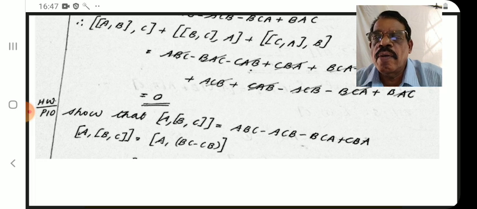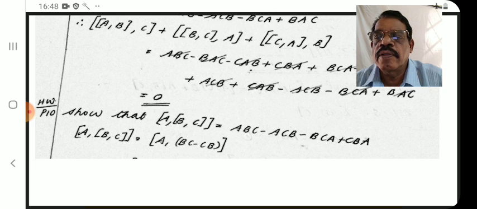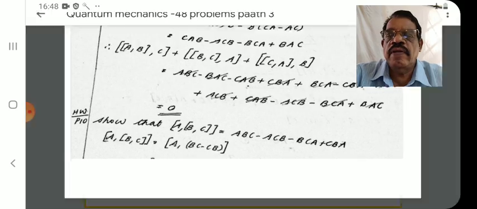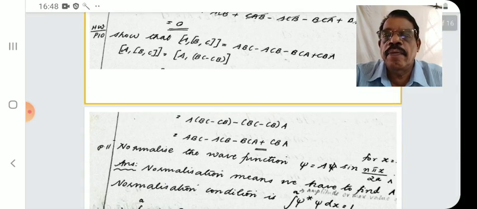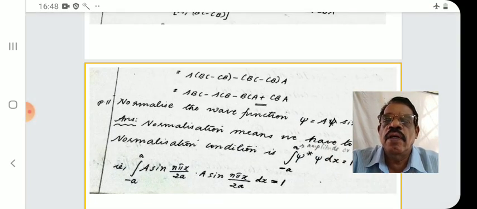Show that [A, BC] is equal to ABC minus ACB minus BCA plus CBA. Prove it. That we have done in the previous question itself. We have expanded it. Only the expansion we have to show.